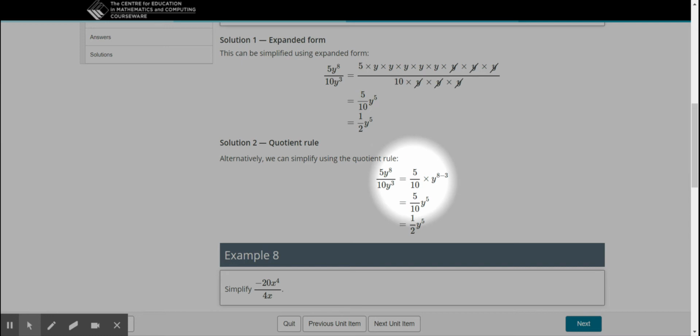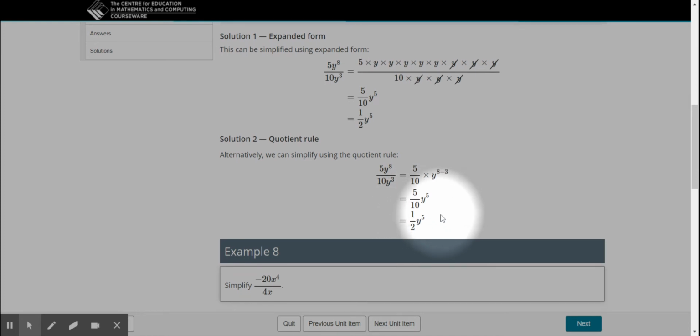And please notice that we subtract the exponent in the denominator from the exponent in the numerator, not the other way around. So we are doing y to the exponent 8 minus 3, which is 5. So this is 5 tenths times y exponent 5. And of course, we can simplify 5 tenths to 1/2 y exponent 5.